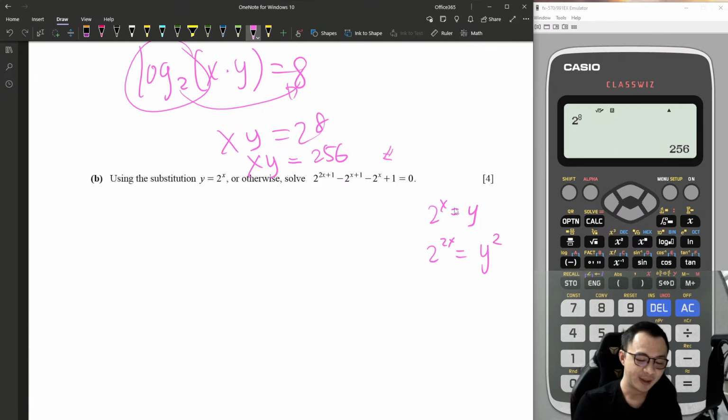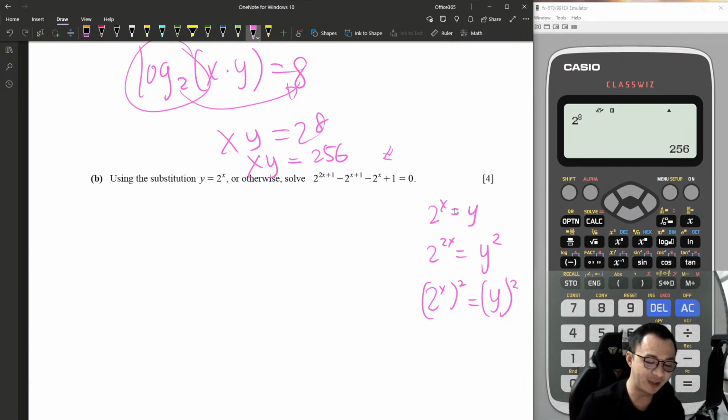Okay, because 2 power of 2x is basically the same idea as 2 power of x squared, isn't it? Since 2 power of x is y, this one is y squared. So if you understand that, then we can solve this quadratic equation.